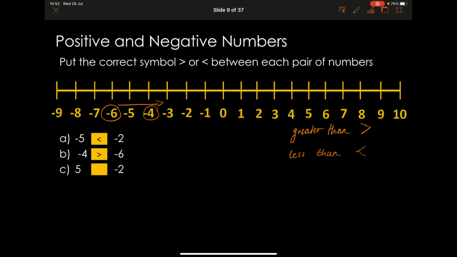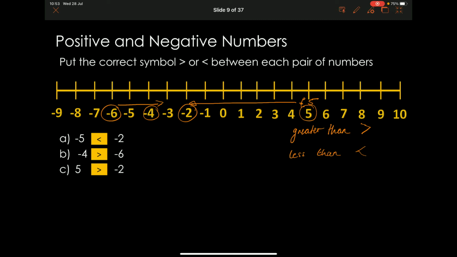So -4 is bigger than, or greater than, -6, because it's a bit warmer, all right? Or you owe less money to the bank. And then 5 is greater than -2. We already know that anyway, because if you've got £5, you're better off than if you owe the bank minus £2. Or if it's 5 degrees outside, it's better than it being minus 2.